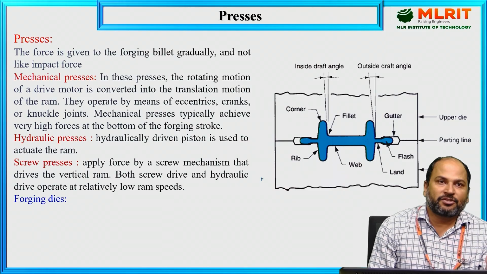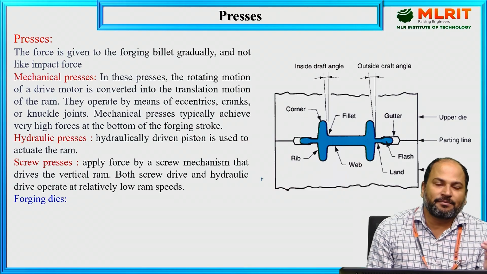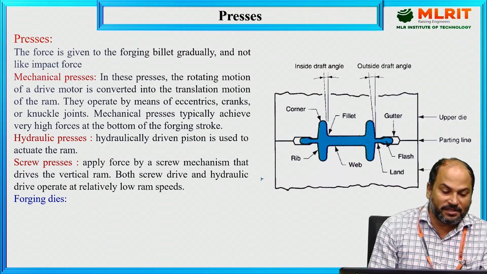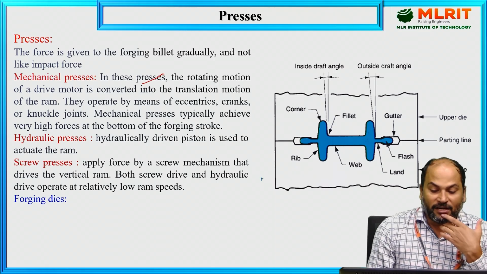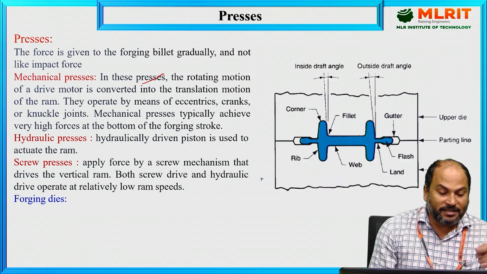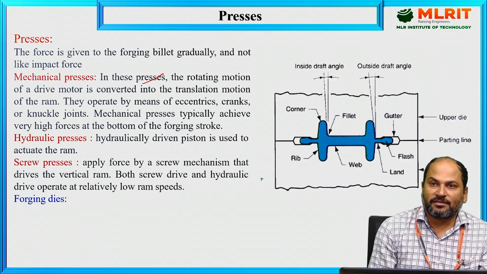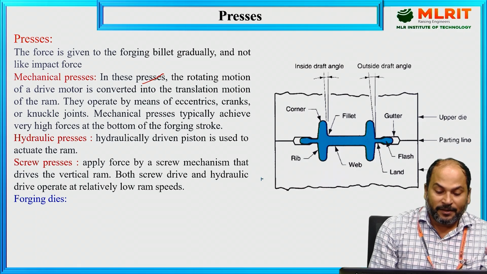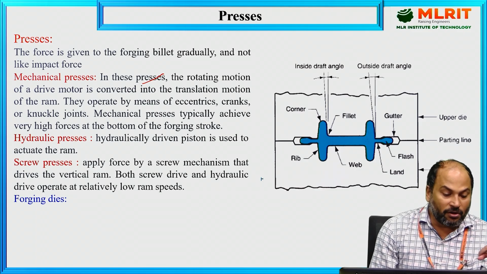Okay, so actually this has three types. It may be mechanical, it may be hydraulic, it may be screw. Mechanical presses means in these presses the rotating motion of a drive motor is converted into translational motion of the ram. They operate by means of eccentrics, cranks, or knuckle joints.